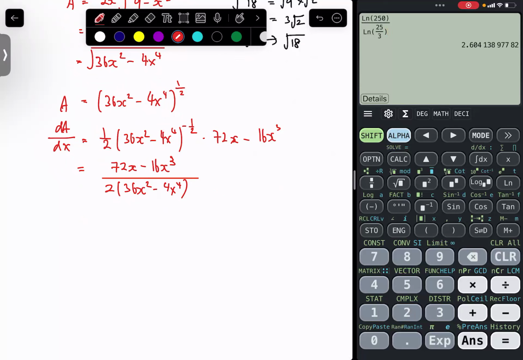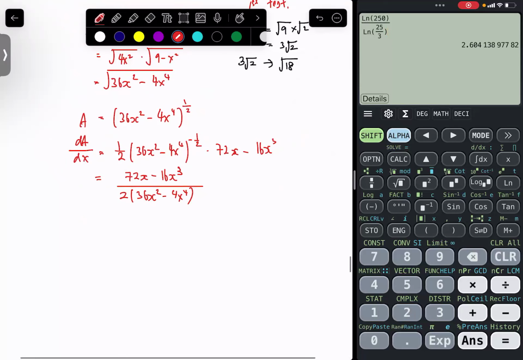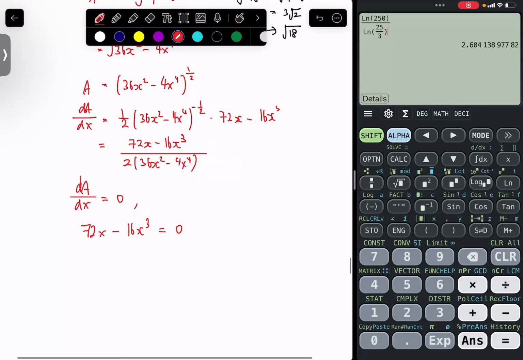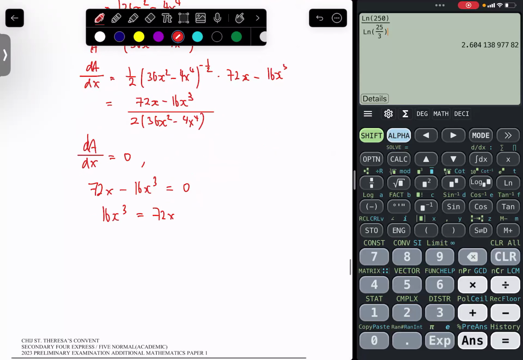Now we want to solve when dA/dx equals 0. That would mean 72x minus 16x cubed equals 0. So 16x cubed equals 72x. We can conclude x equals 0, or actually, you know what, let's erase that.